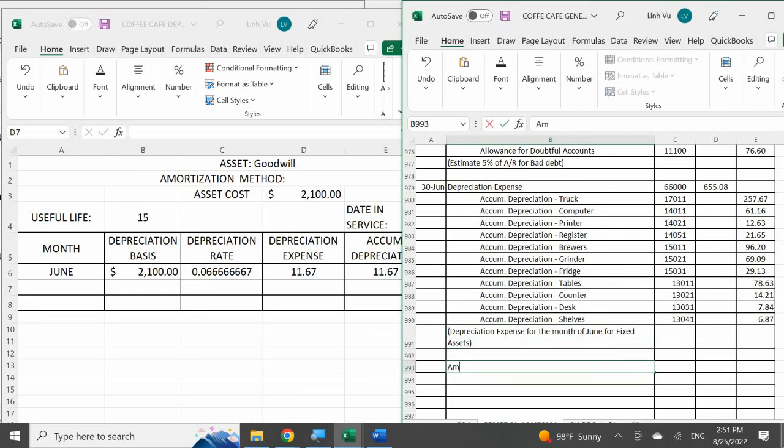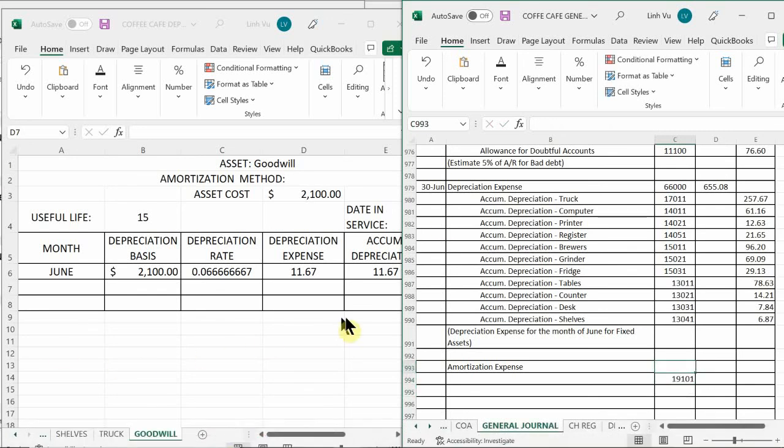Okay, so you want to do amortization expense. What account number is that? I think it's 66,500, right? No, 19,100. No, 19,101. Okay, that's the accumulated. Oh, yeah.